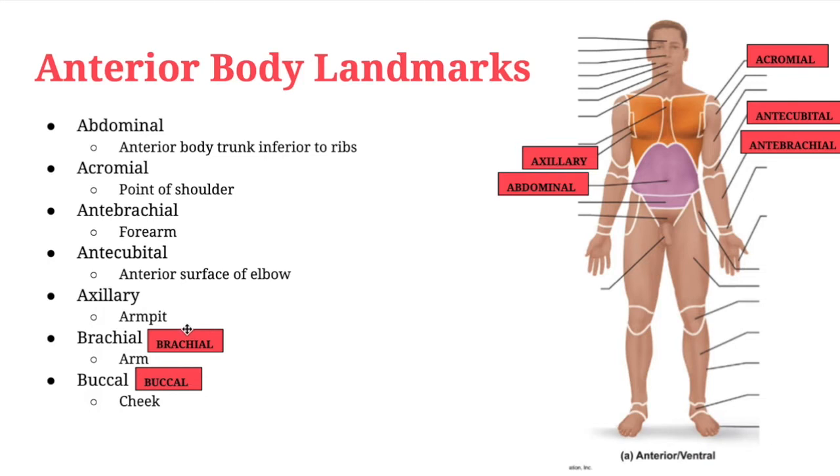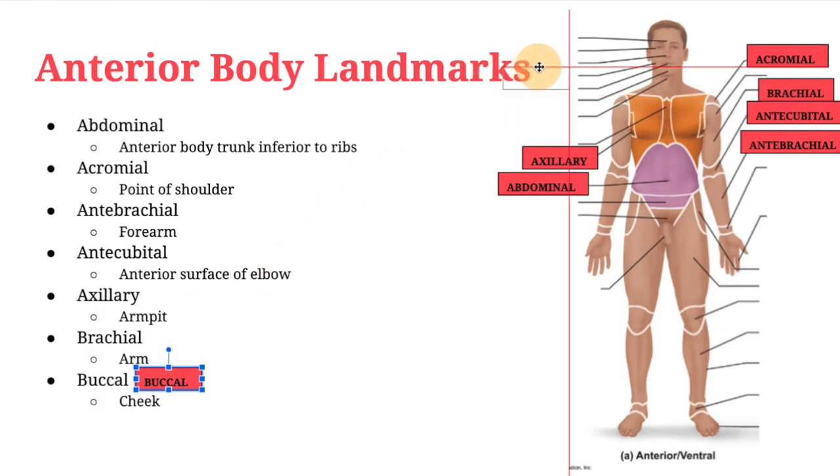Brachial just refers to the arm, or the upper arm, really. So we will have that right there. And then our last one on this slide is buccal, which refers to your cheek. We have that right there, so the cheek on the face would be that label right there.